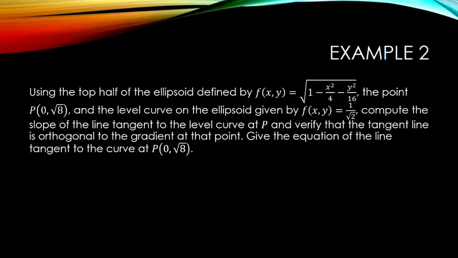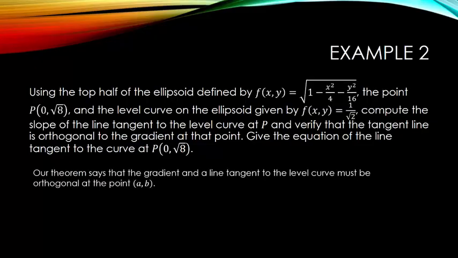I want to compute the slope of the line that is tangent to the level curve at P and verify that the tangent line is orthogonal to the gradient at that point. I want to then give the equation of the line tangent to the curve at the point P with coordinates 0, square root of 8.